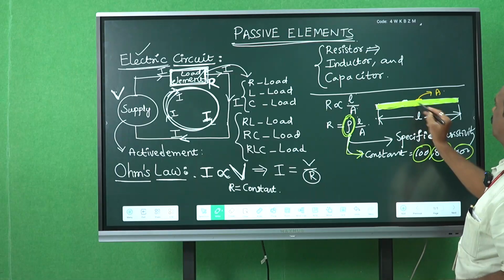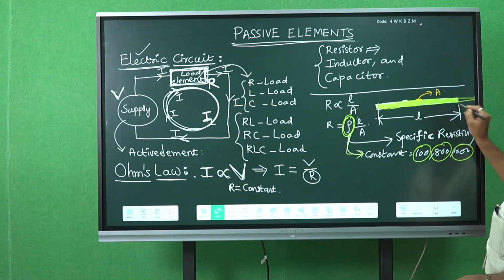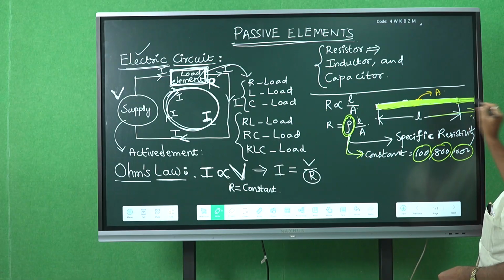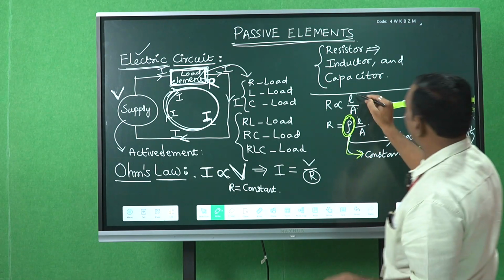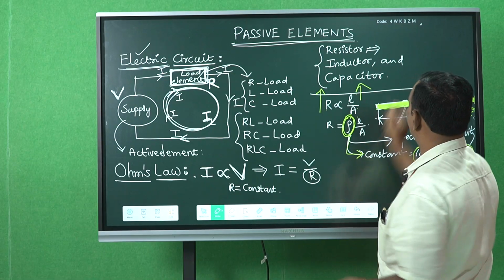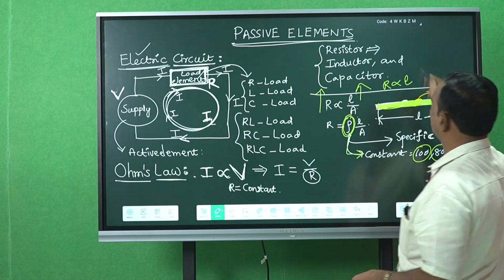For example, if the length of the conductor increases, the resistance also increases. That means R is proportional to length.